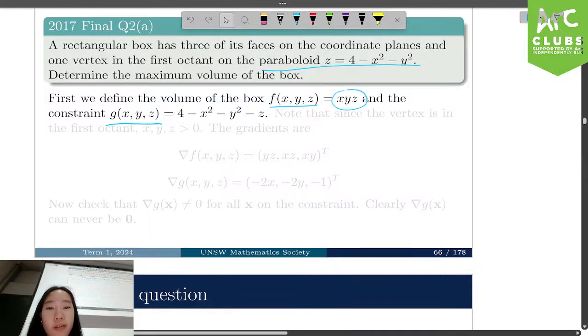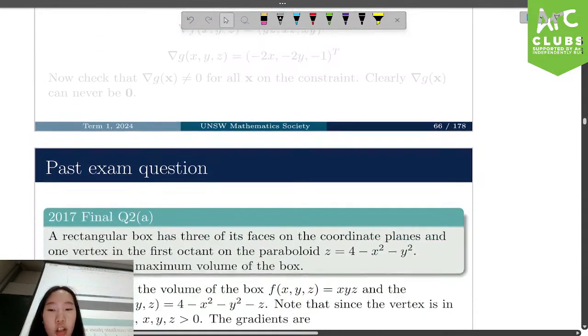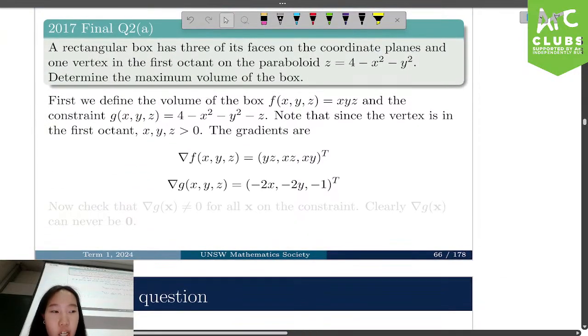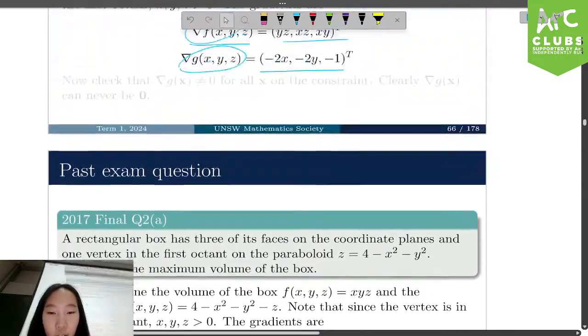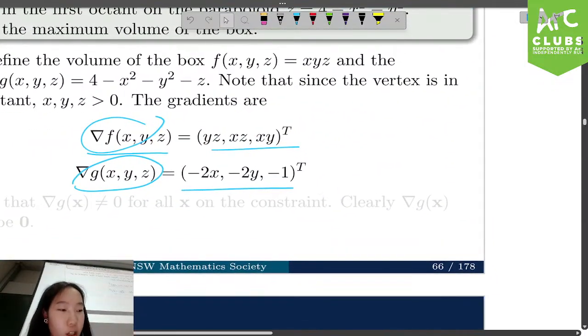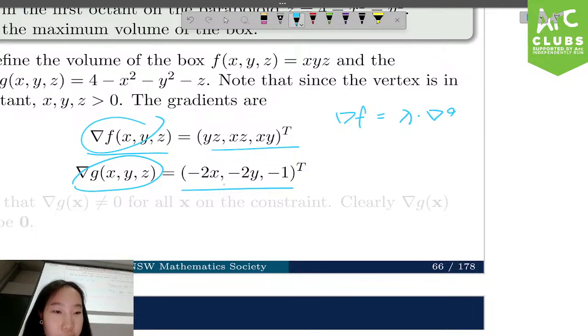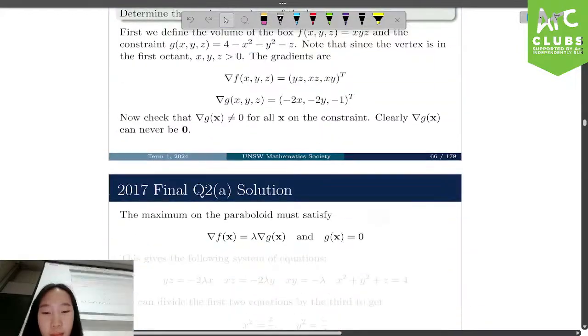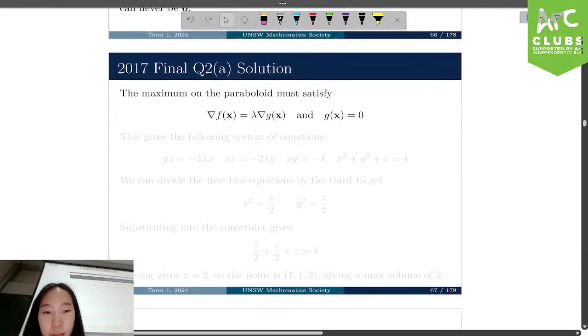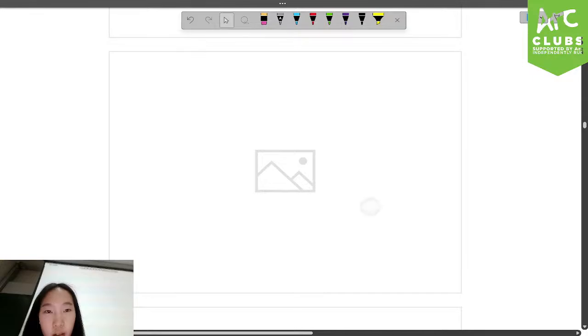After we have defined f and g, we need to apply the Lagrange multipliers formula. We can get the nabla f and nabla g, and we're just writing those 2. Then all we need to do is use the formula: nabla of f equals lambda times nabla of g.